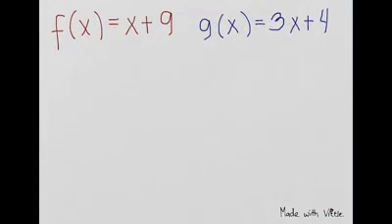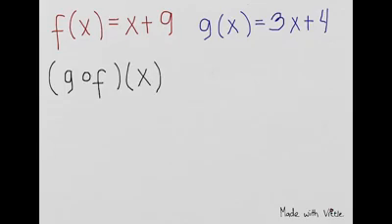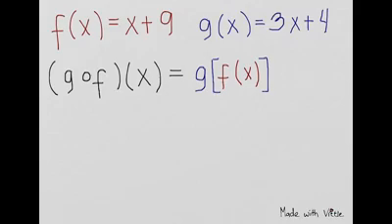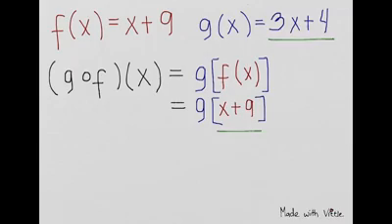Using the same values for the f and g functions as in the preceding example, we will now solve for g of f of x. We know that this means that we're going to plug f of x inside of g. f of x is equal to x plus 9. We're going to substitute this value for every x in the g function. In this case, we're also going to multiply it by 3.